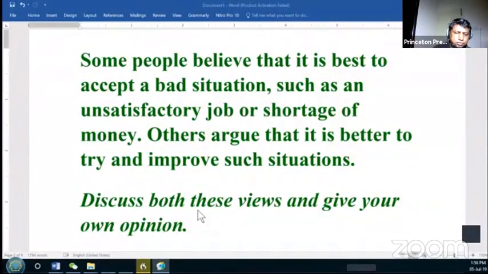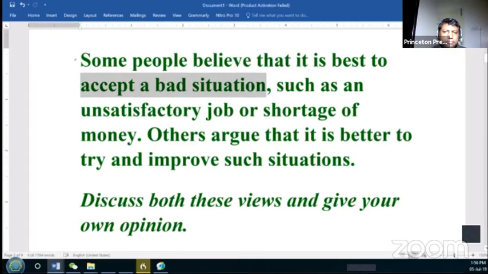Okay, so this is what I call a both sides and opinion essay. What are the 2 views? Well, here's one of them: accept a bad situation. This "such as" part is just an example. You're not required to respond to these exact words, but these ones you are.